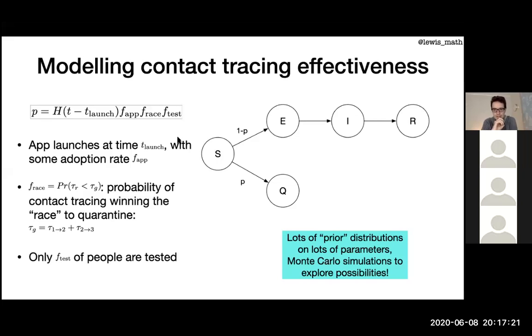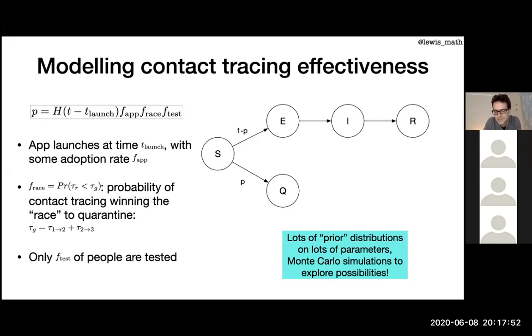Essentially, we have a bunch of parameters on things like the generation times, the time taken to do contact tracing, the time at which the app launches, the adoption rate, all of these different parameters. And we put distributions on all of those parameters. I call them prior distributions in inverted commas because we don't actually do any Bayesian inference here.